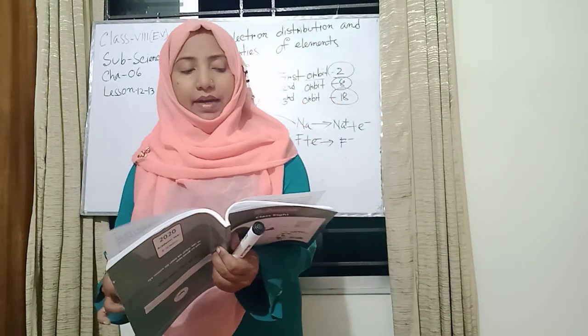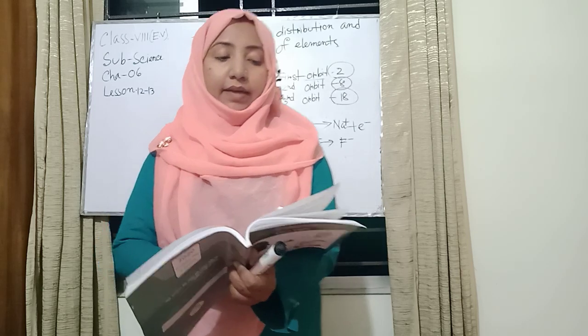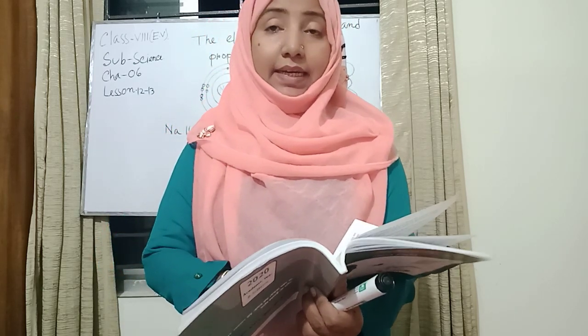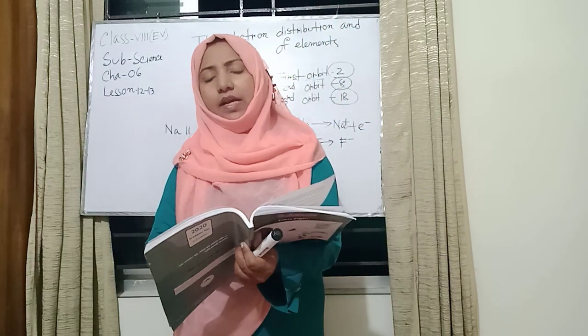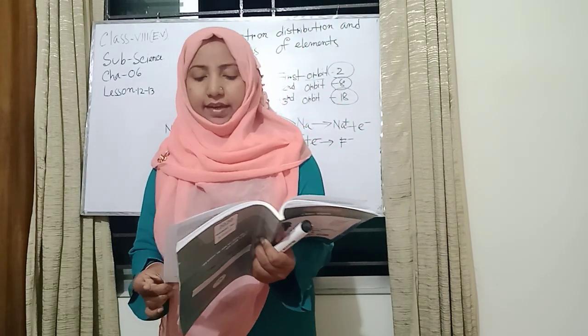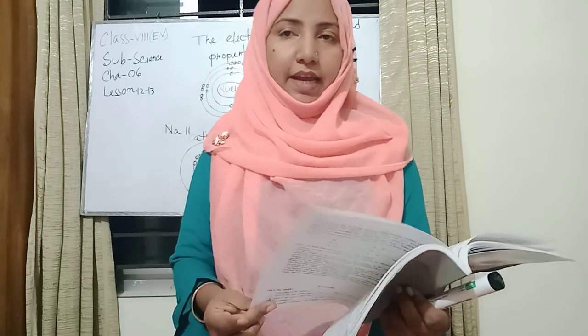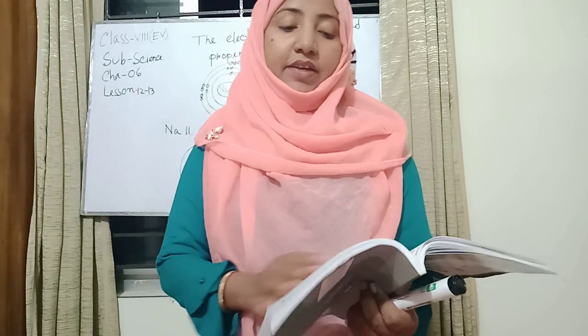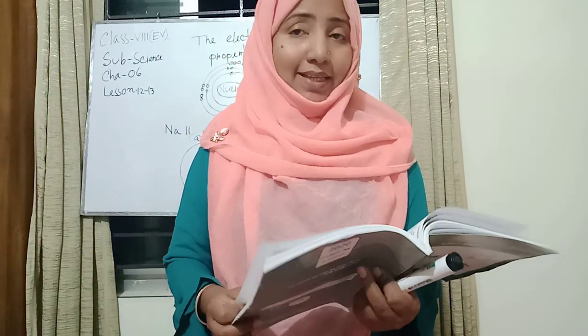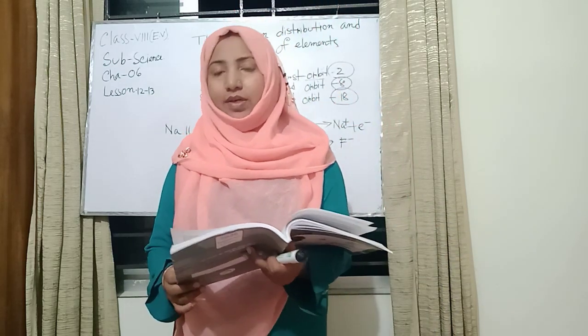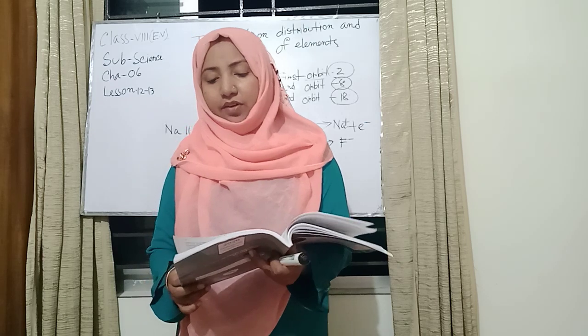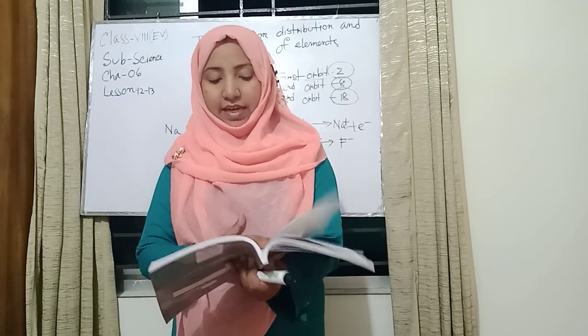Third, lessons 7 to 8: the properties and applications of isotopes, very important topics. And lessons 9 to 11: the way the electrons are distributed in an atom. Now, my dear students, I have selected the last topics today: lessons 12 and 13, the electron distribution and properties of elements.